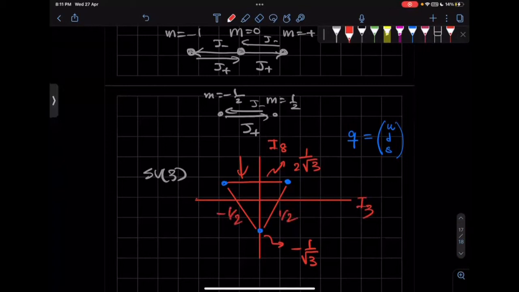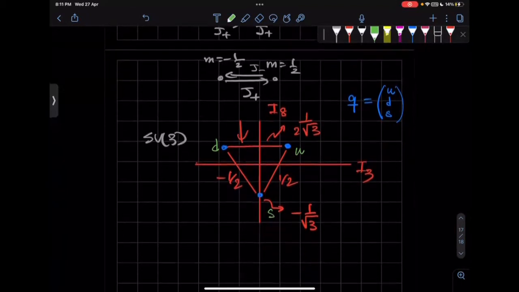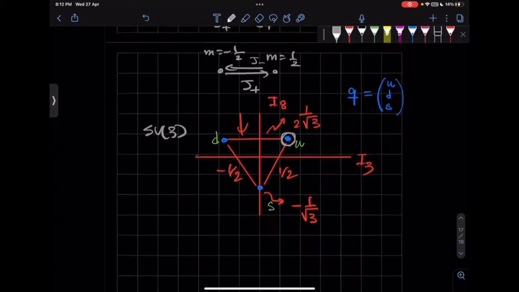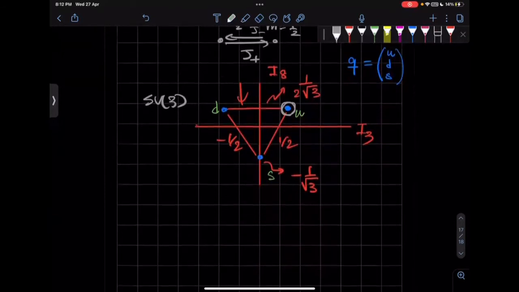Let's call this up, and this is down, and this is strange. So this is the fundamental, and of course you can start with any of these weights, and then apply the raising and lowering operators to get to the other ones, right? So this is the weight diagram of the fundamental representation.